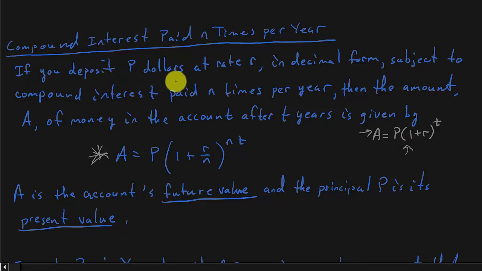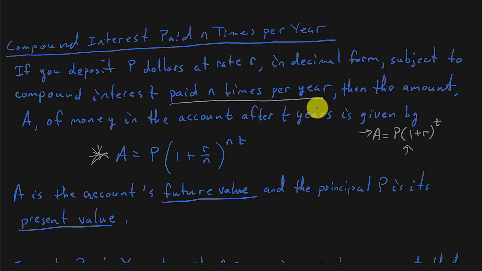So if you deposit P dollars at rate R, and R is in decimal, subject to compound interest paid N times per year, then the amount A of money in the account after T years is given by A equals P times (1 plus R over N), and then that's raised to the NT.